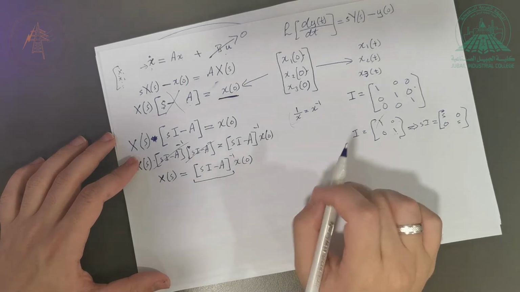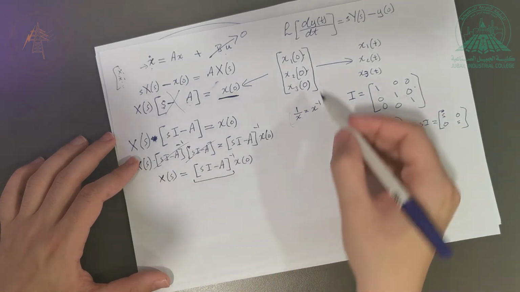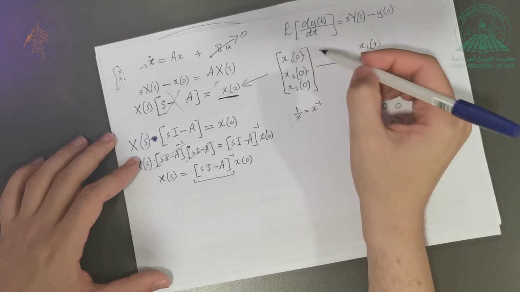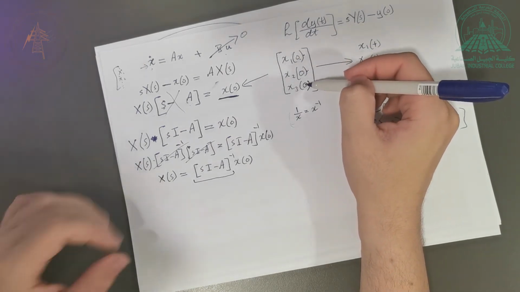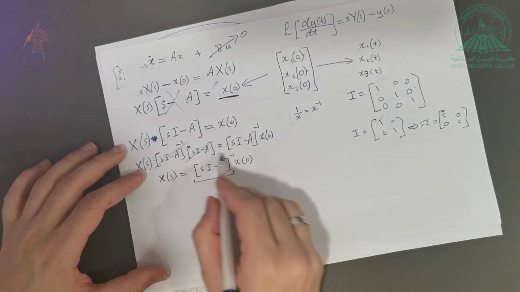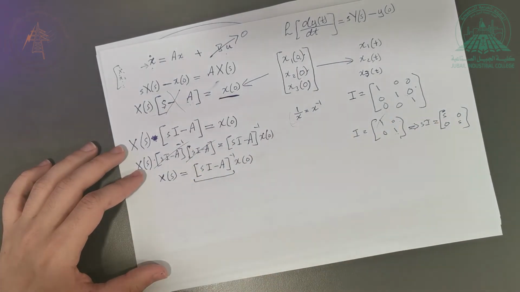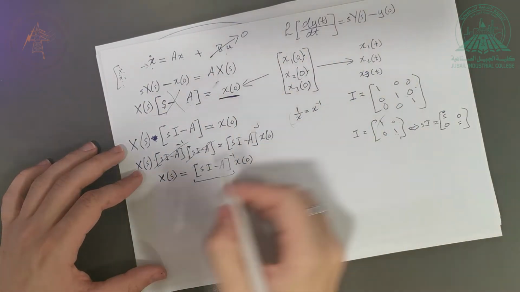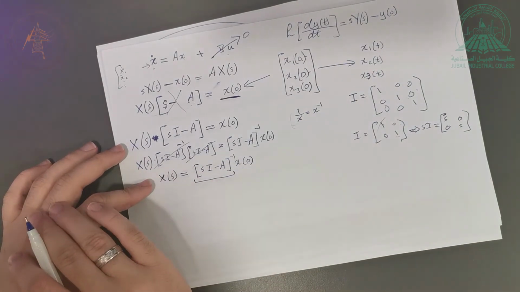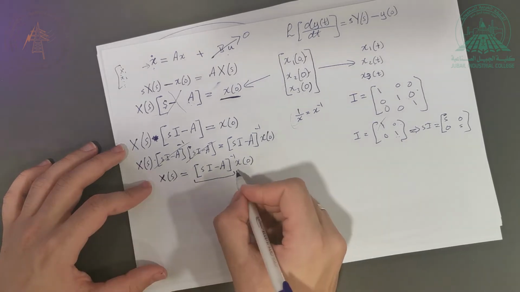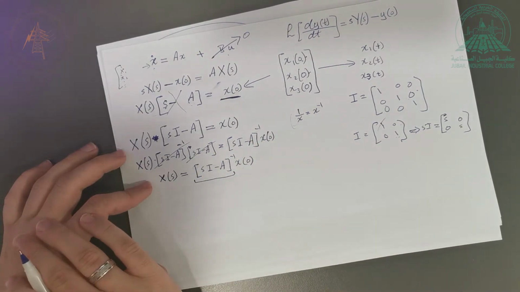Can you see what happens now? By knowing the initial voltage of the capacitor and the initial currents of the inductors, and multiplying by this quantity, I know the value of x of s for any value of s. Put any s here, and you can get the value that you want just by knowing the initial conditions. And this is exactly what you want.